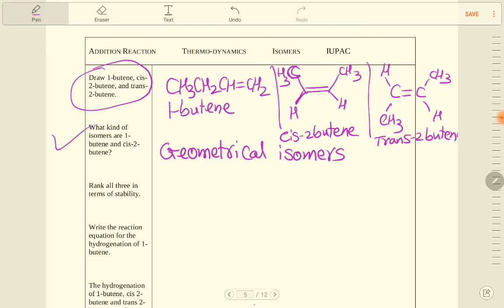All right. Rank all three in terms of stability. When you look at it, trans is more stable than cis.